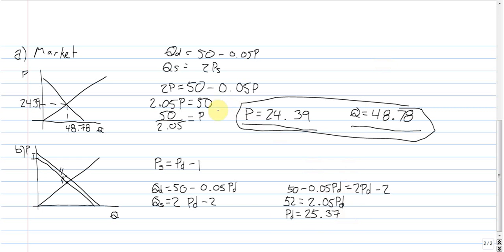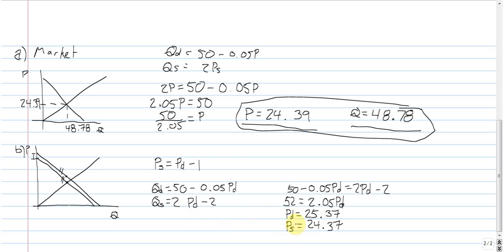We already have an equation for the price of the supplier, right? It's the price of the demander minus 1. So that means here that PS must equal 24.37. Now we just want to find a market quantity, right? Since we've used PD and PS, we can plug them both back into their original equations.